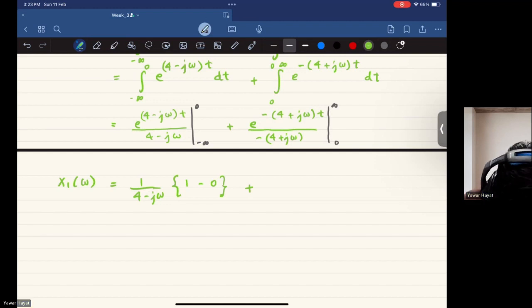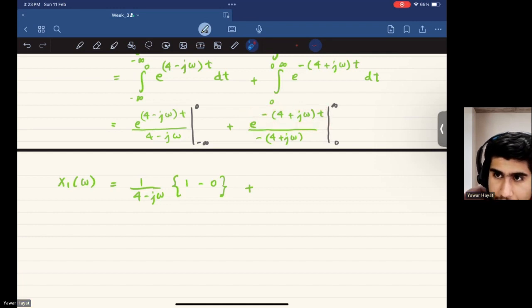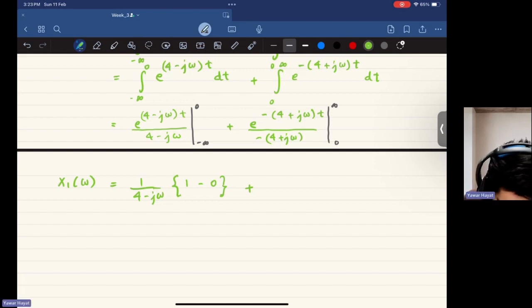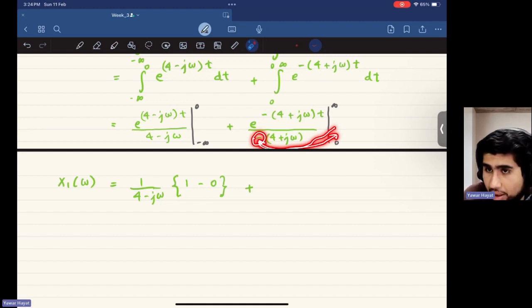Similarly, in this case, when t tends to infinity, we'll agree that this function should tend to 0, right? Again, what I'll do is interchange the limits. There would be a negative sign and I would multiply that negative sign by this negative, right?